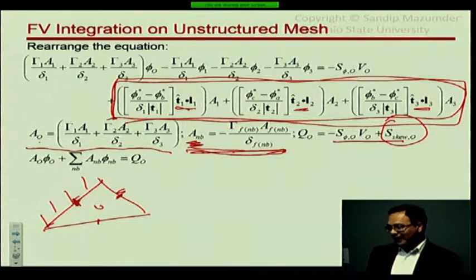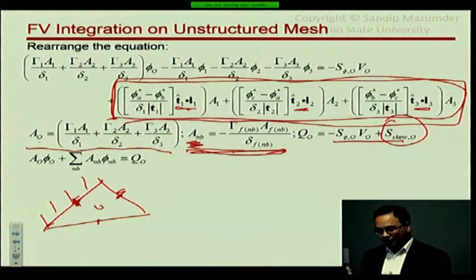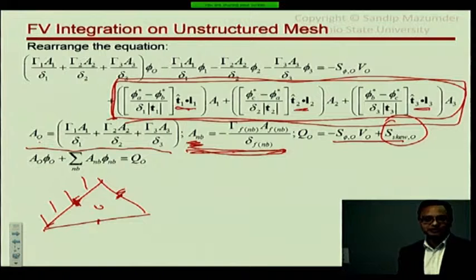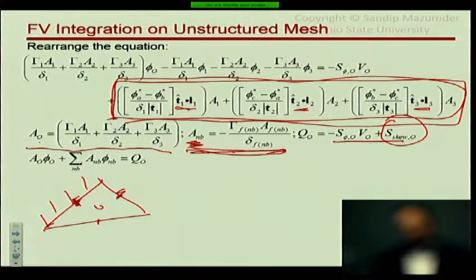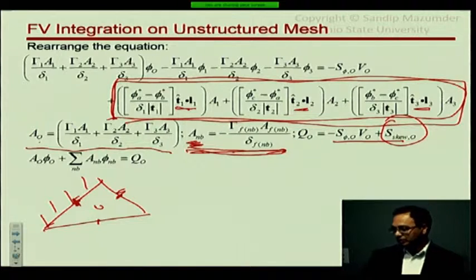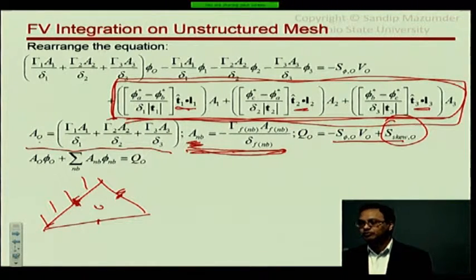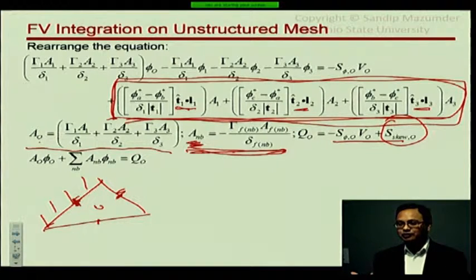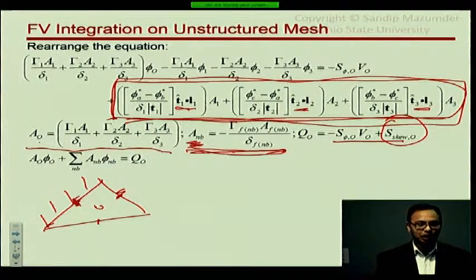So it's not as difficult as it seems. You have to do a lot of work on paper. Okay, the difficulty really is in processing the mesh. The difficulty is not in the finite volume implementation itself. Okay, it's just a question of calculating an additional term, which is not that difficult. I mean, of course, you're doing more complex geometry now, so you have to pay a price. It's not going to be as simple as a Cartesian mesh. So there is some work to do, no doubt about it.